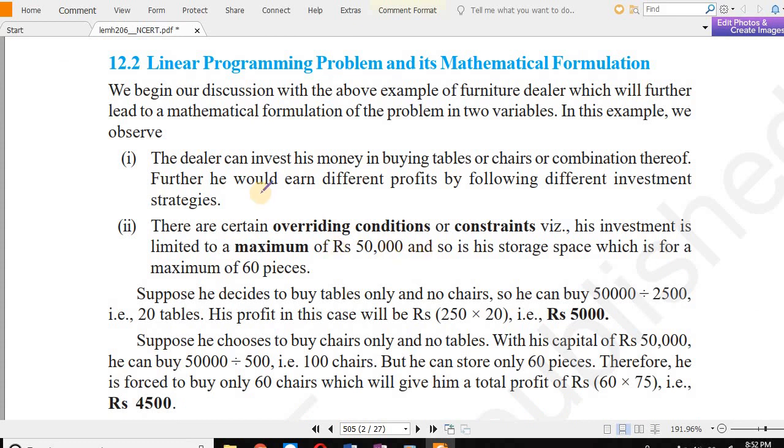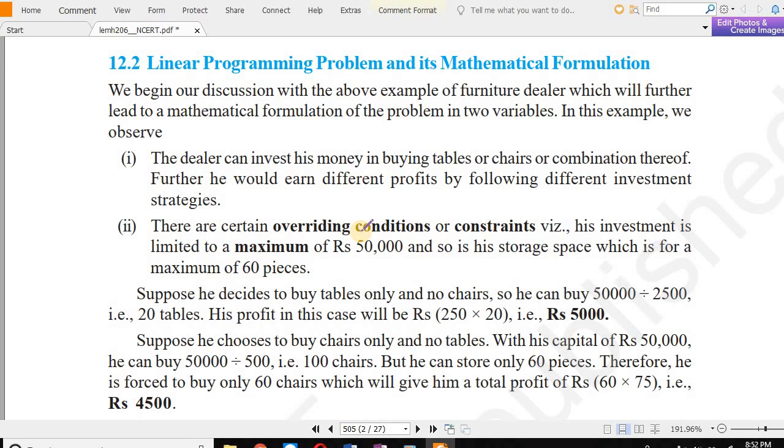So let's talk about some terminology. Now, if you think of the problem, what we're talking about is deciding upon the dealer's best strategy. Right? His strategy basically is how many chairs and how many tables he buys. So that's a strategic question.